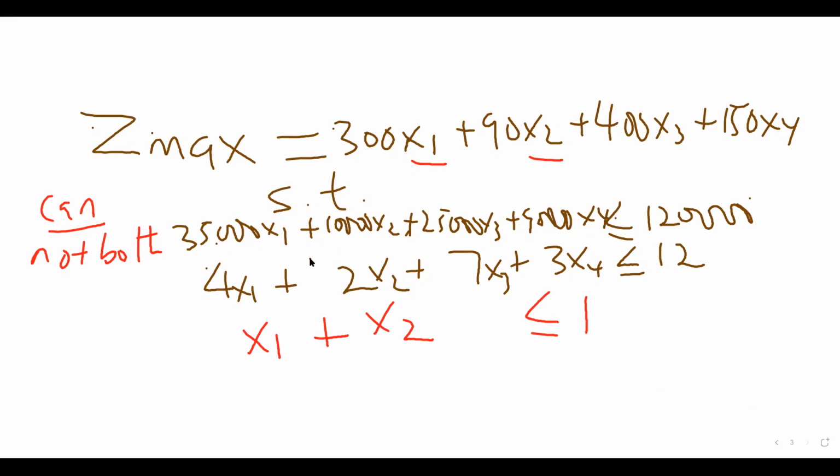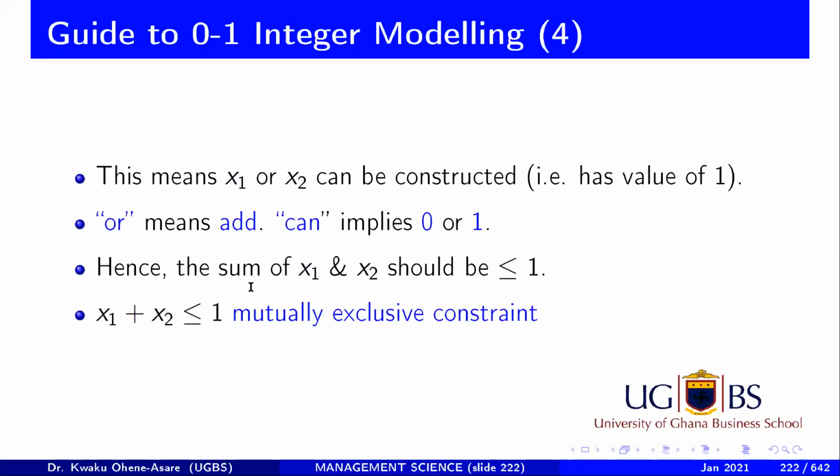So the summation of them. So this is a mutually exclusive constraint. Let me show you up here. If one is going to be built, then the other one cannot be built.